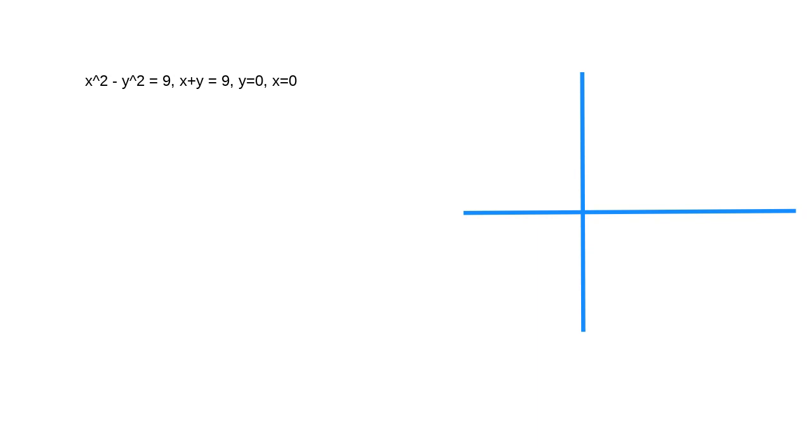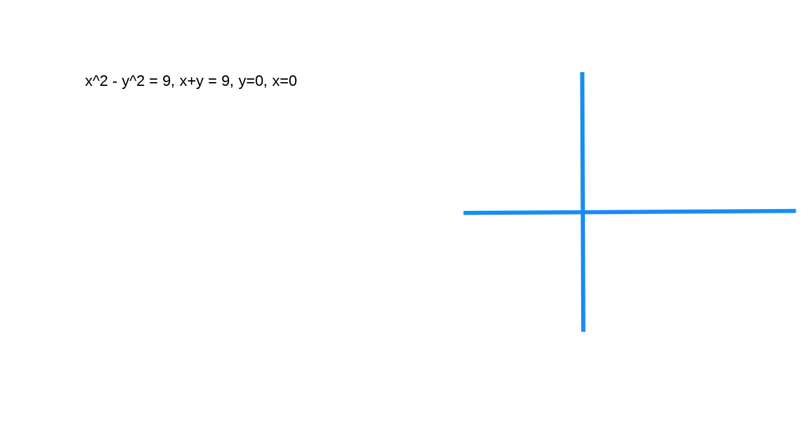We can draw a couple of points, right? If x equals 0, well, we could think x squared equals 9 plus y squared. If y is 0, we get x equals plus minus 3.